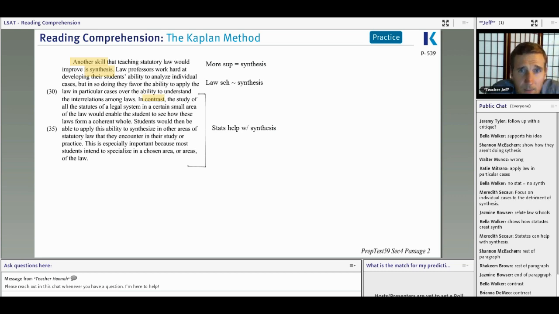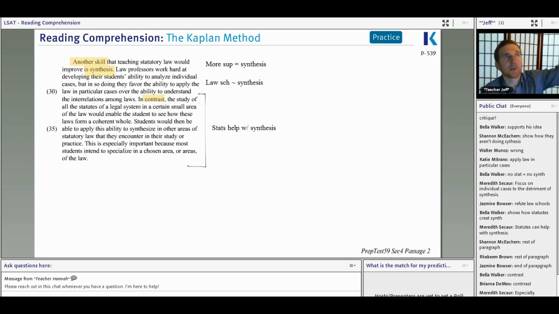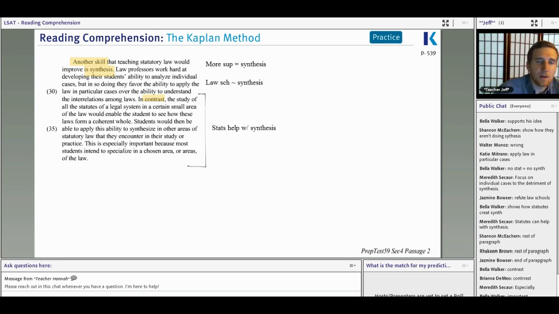That's fine if you want to have that marked, as you see, okay, we were saying that law schools don't have synthesis, and here's what it would be like if we did have synthesis, right? And then at the end, we get the author saying it's especially important. Why does the author say it's especially important? Because let's be honest with each other, we already know that the author likes statutory law, so how is this different than normal?